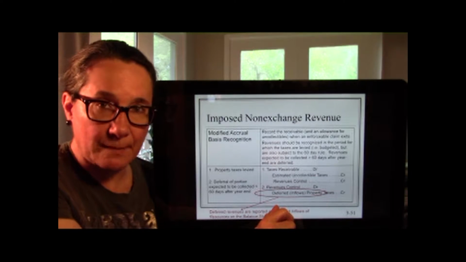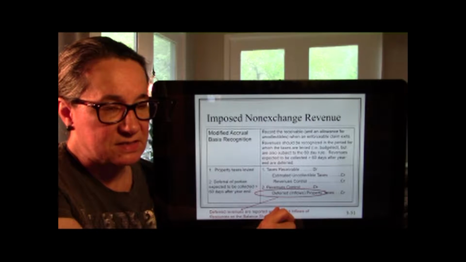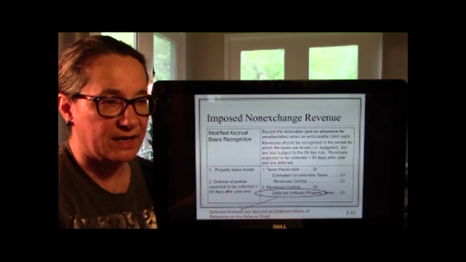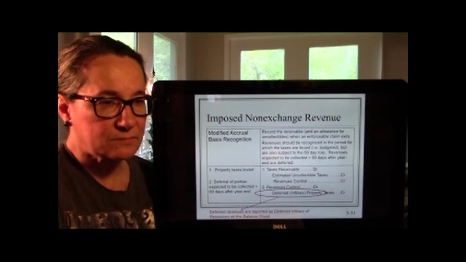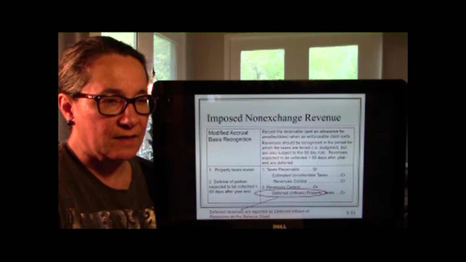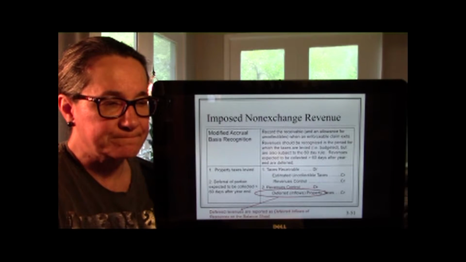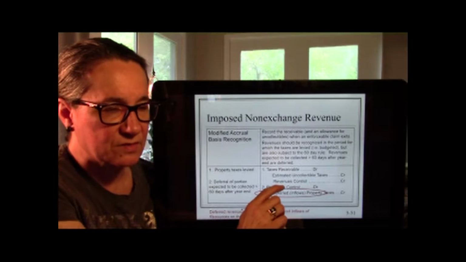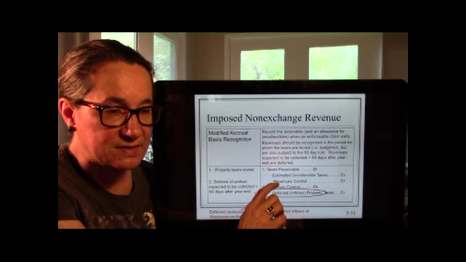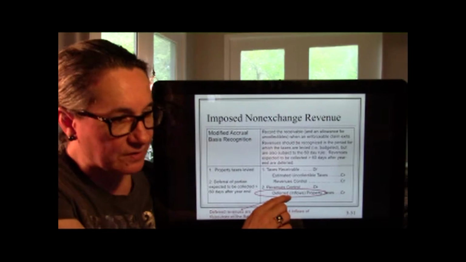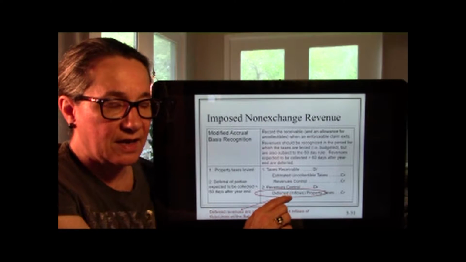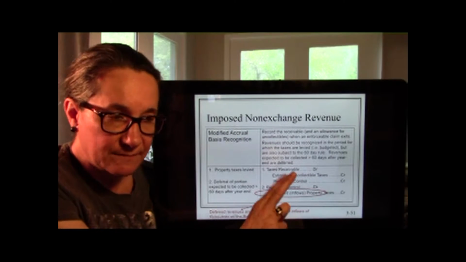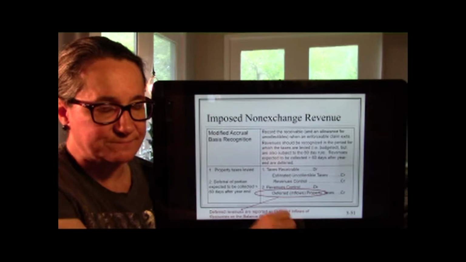If there's some that you think is going to take longer than 60 days to collect, right, then you recognize it like this. Revenues control as a debit and deferred inflows as a credit, and then when they actually do come in, you can flip that transaction.